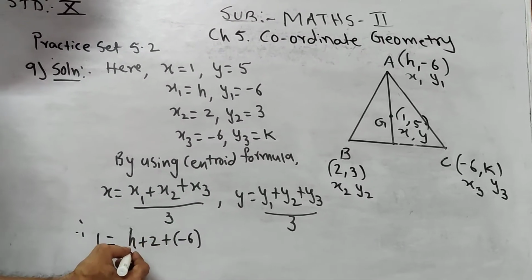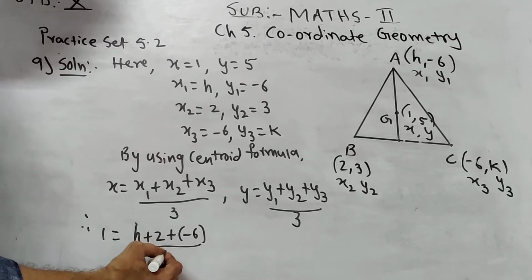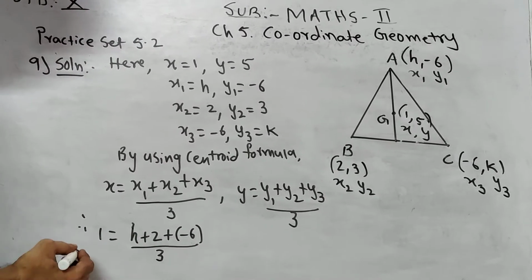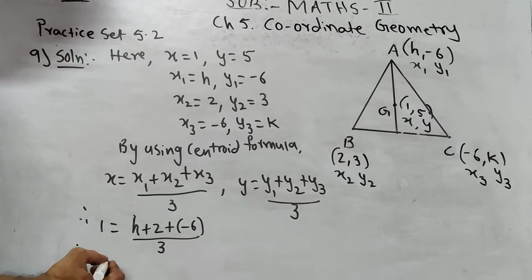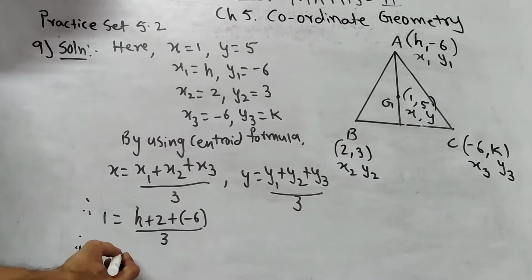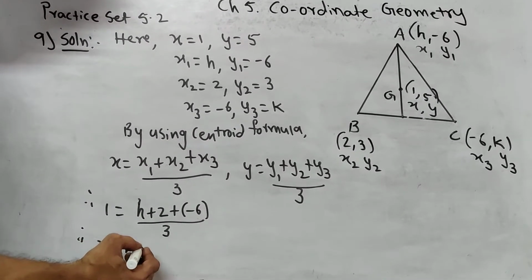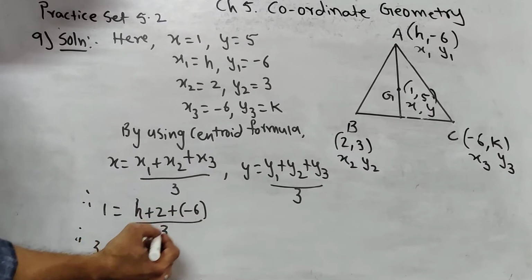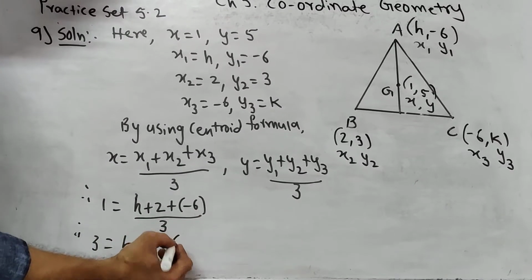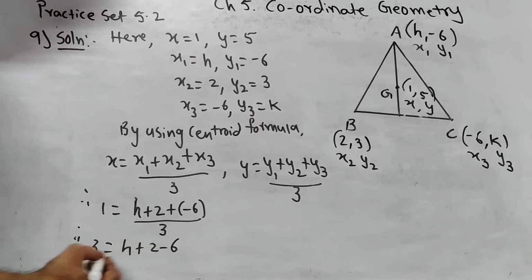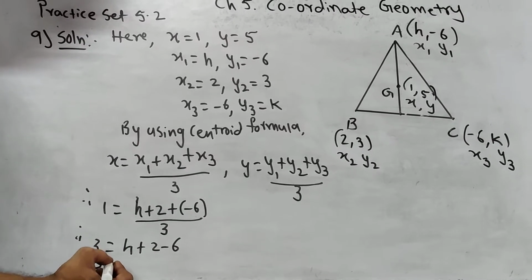Put the bracket upon 3. 3 will come up. 3 ones are 3. If you multiply here, 3 ones are 3 is equal to h plus 2 minus 6. 2 minus 6 is minus 4.